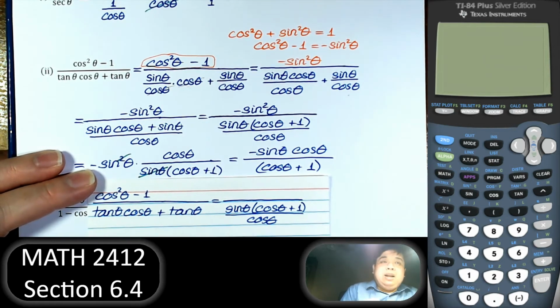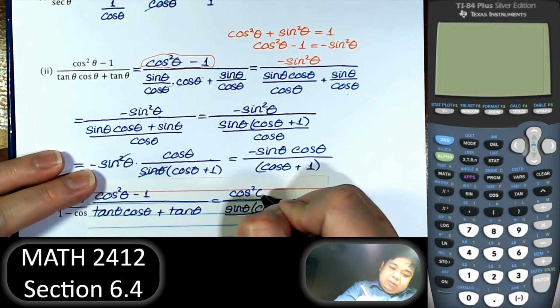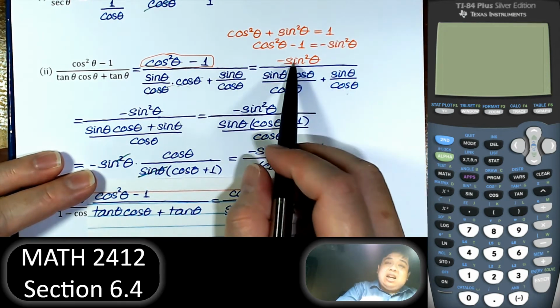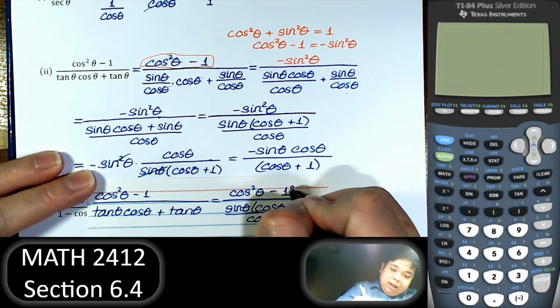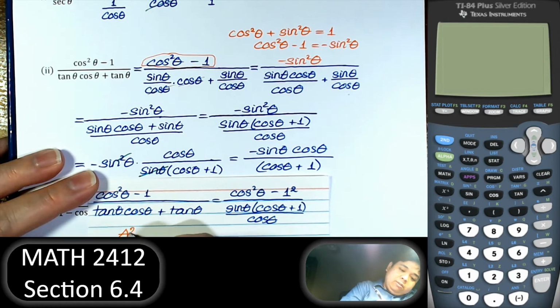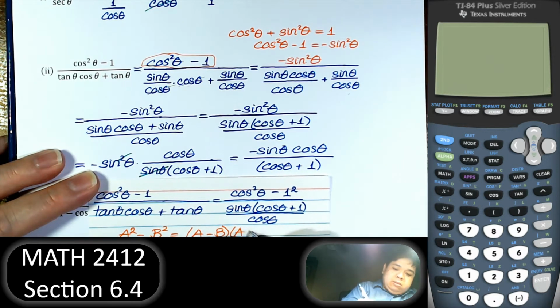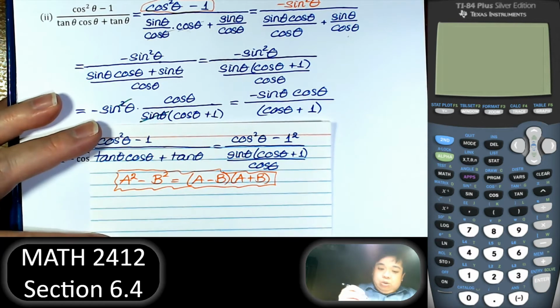Now, the cosine squared minus 1, instead of writing that as a negative sine squared, I could write as a difference of two squares. So we use that instead.